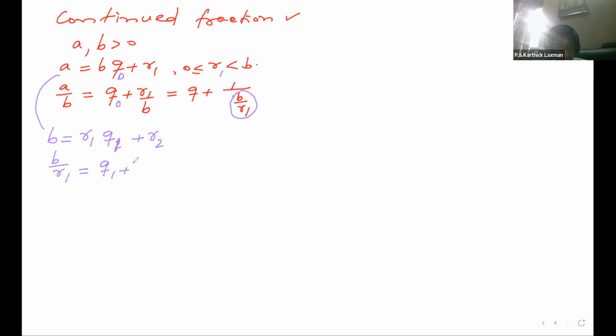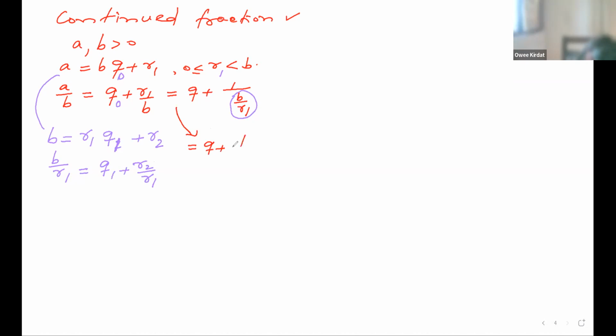Q1 plus R2 over R1. That means this becomes Q plus 1 over, substituting, Q1 plus R2 over R1. Get it?